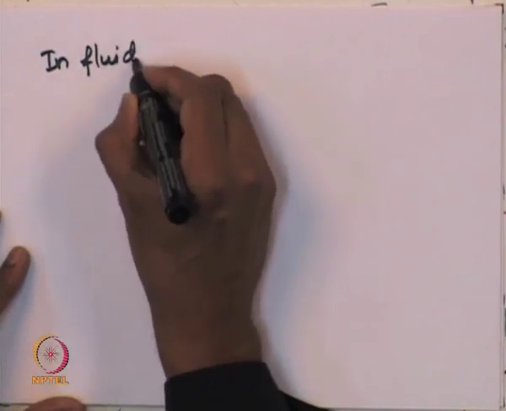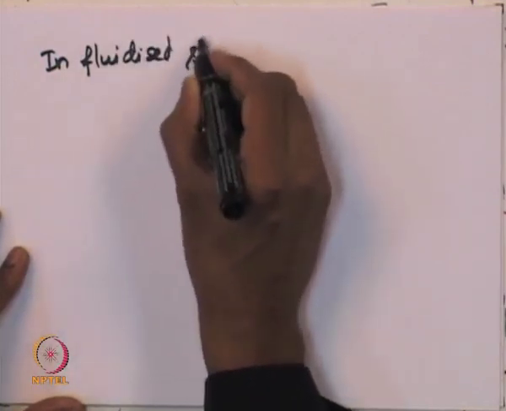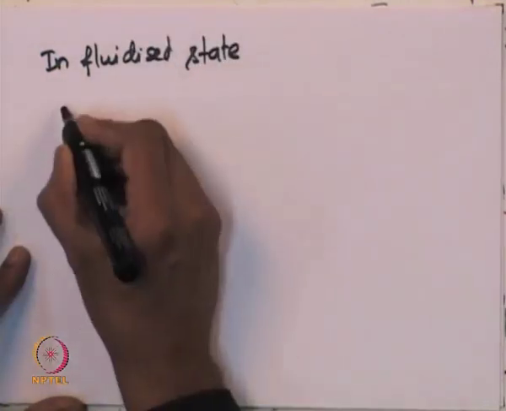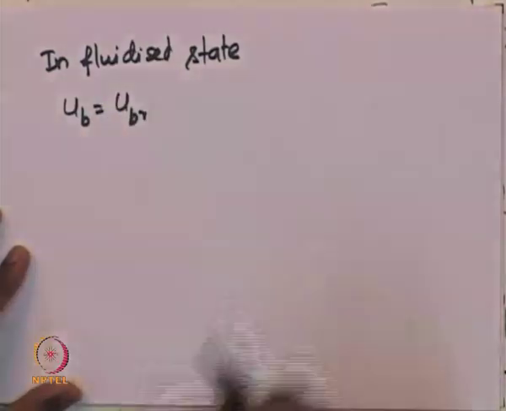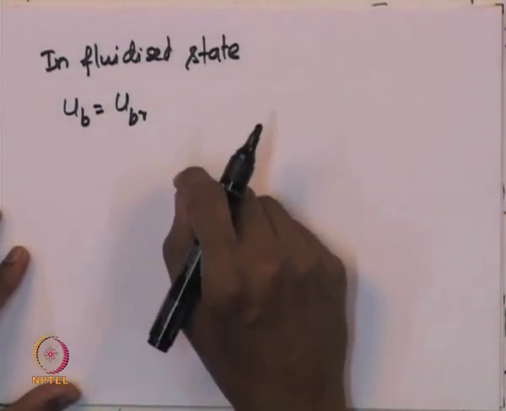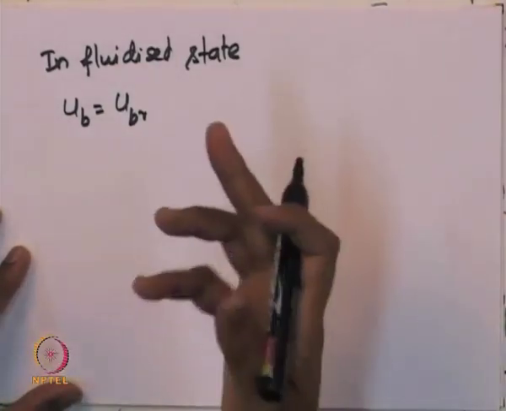So, in a fluidized state, there has to be some correction associated with the bubble velocity compared to just a single bubble.